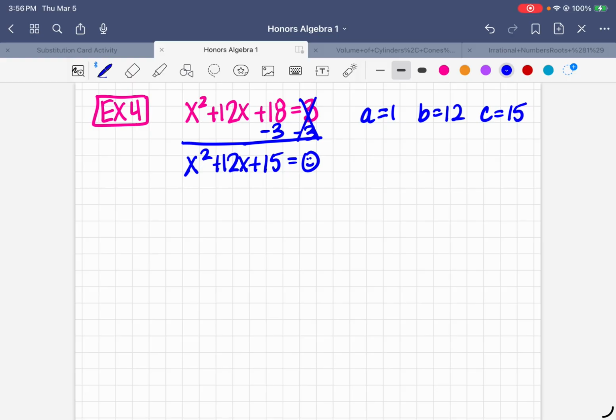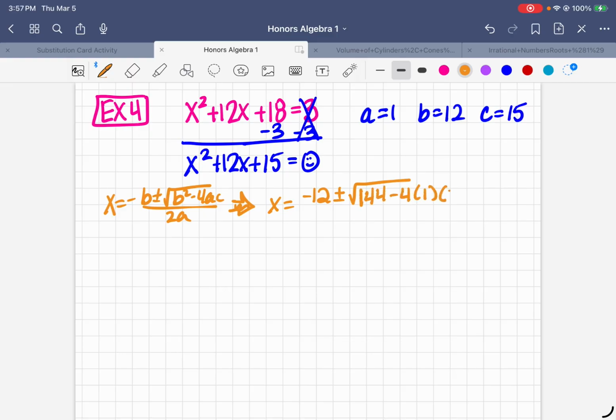All right, let's try this. I know that x equals opposite b plus or minus the square root of b squared minus 4ac, all over 2a. x equals the opposite of b, negative 12, plus or minus the square root of b squared, 144, 12 squared, minus 4 times a times c, all over 2 times 1.